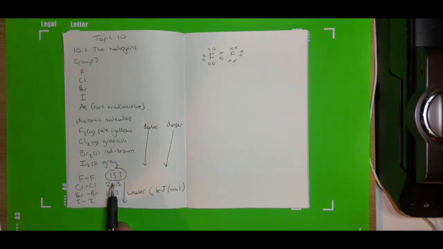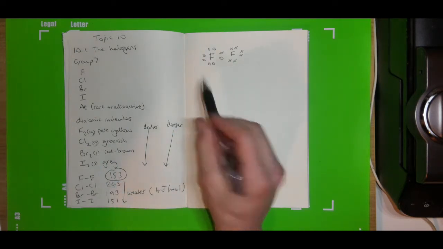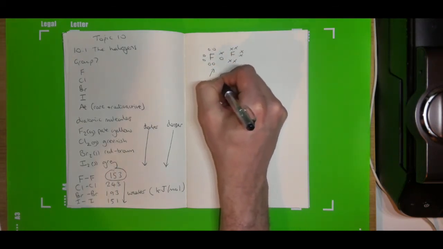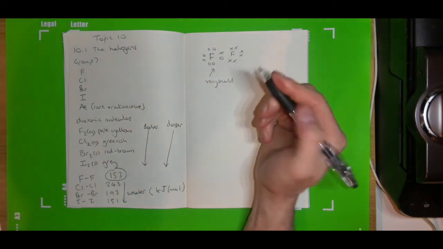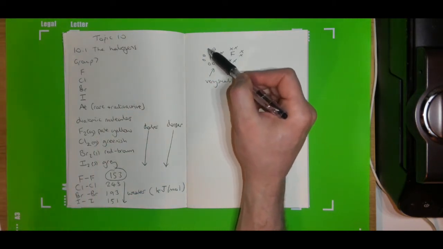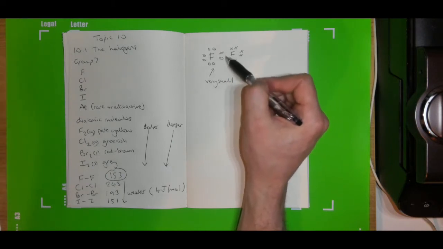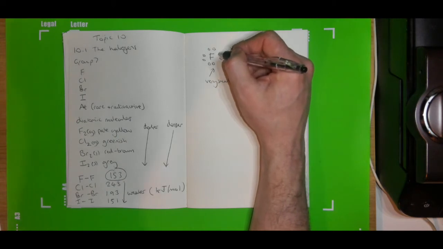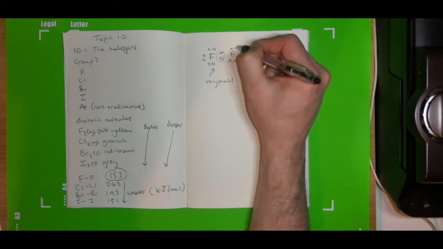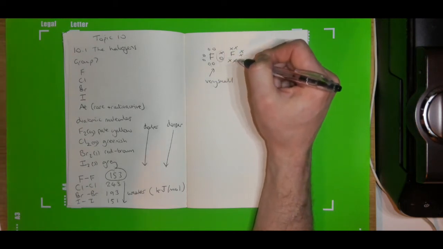And that is due to the small size of the fluorine atoms. These are very small. And because they're very small, what happens is these electrons here, these non-bonding electrons, so non-bonding electrons are the ones that are not involved in chemical bonds. These are what we call bonding electrons, these 2 here, but these pairs here and here are non-bonding electrons.